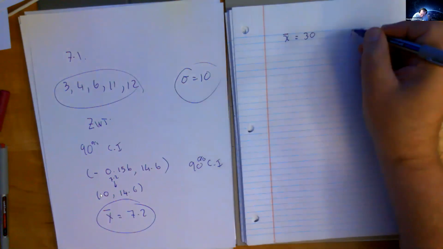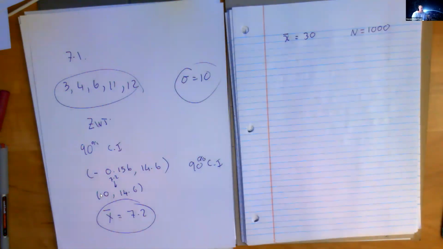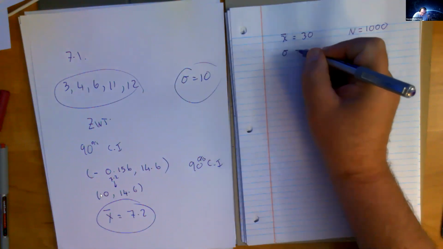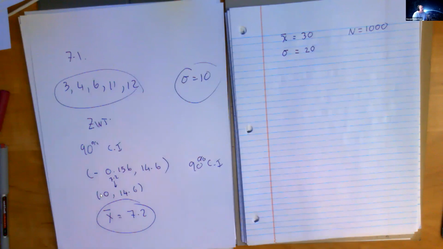And it came from a sample of 1,000, so that's a big sample. That's what Gallup poll does, right? They do about 1,020, that's their usual going rate. So I expect really good data from here. And let's assume that sigma is 20. We know that it's 20.